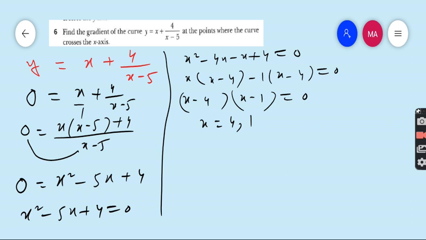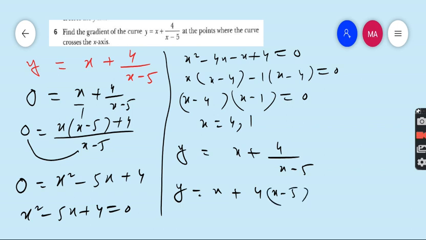Now take the equation again. y equals x plus 4 upon x minus 5. So y equals x plus 4, and move this x minus 5 to become the numerator, it will be x minus 5 to the power minus 1.